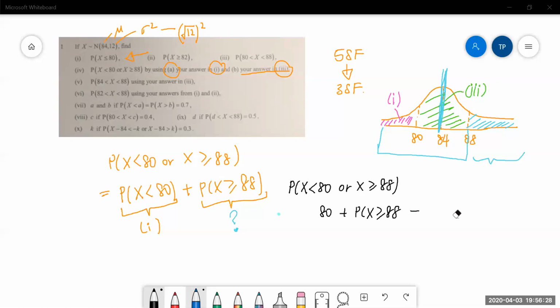There's no overlap. I get 0.265. I think I get 0.258. Do you use 5 SF? Yeah.